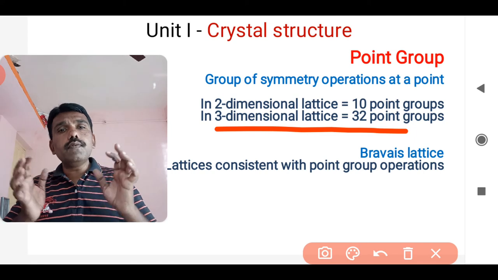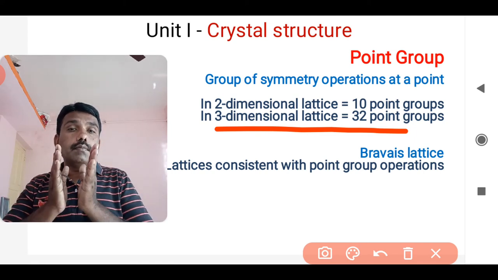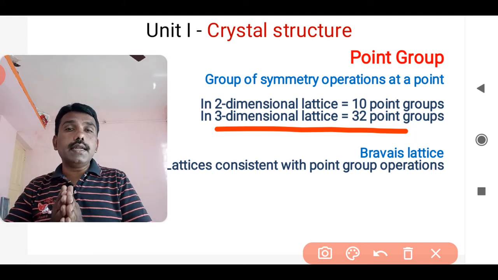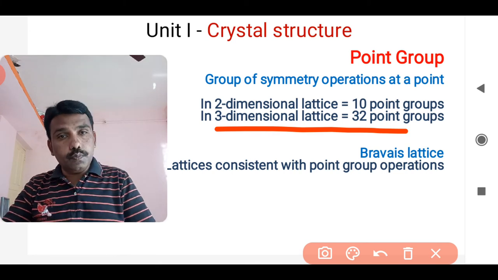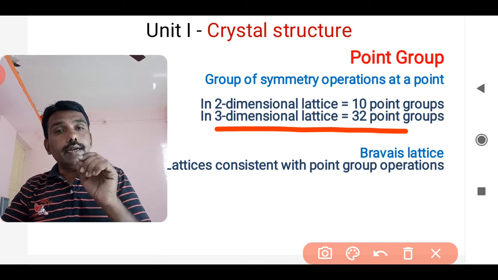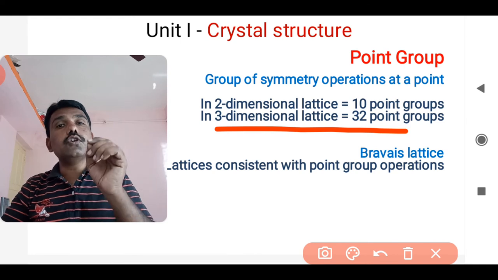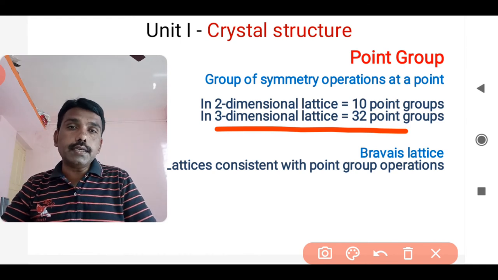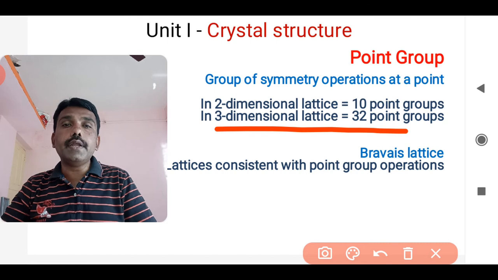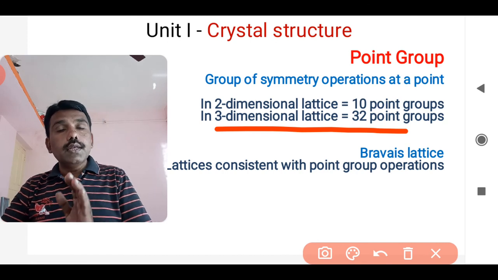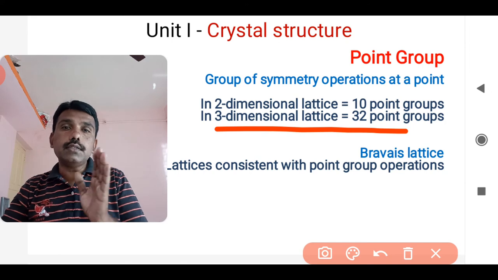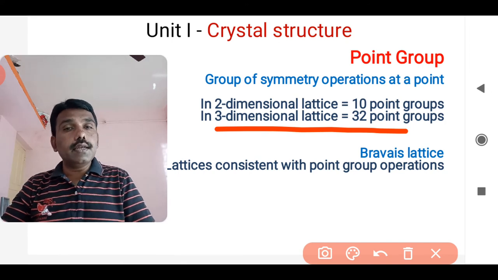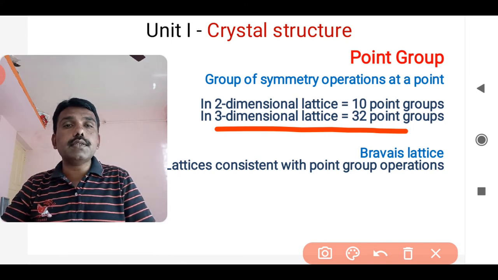There are a number of lattices, but Bravais lattices are those lattices which follow a particular point group. That means the lattice consistent with your point group is called a Bravais lattice. No doubt there are two types, the 2-dimensional and the 3-dimensional cases, and Bravais lattices also exist in both 2-dimensional and 3-dimensional cases.